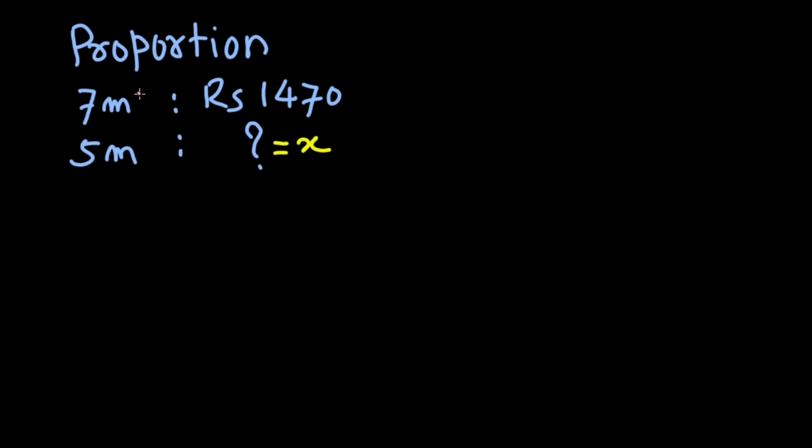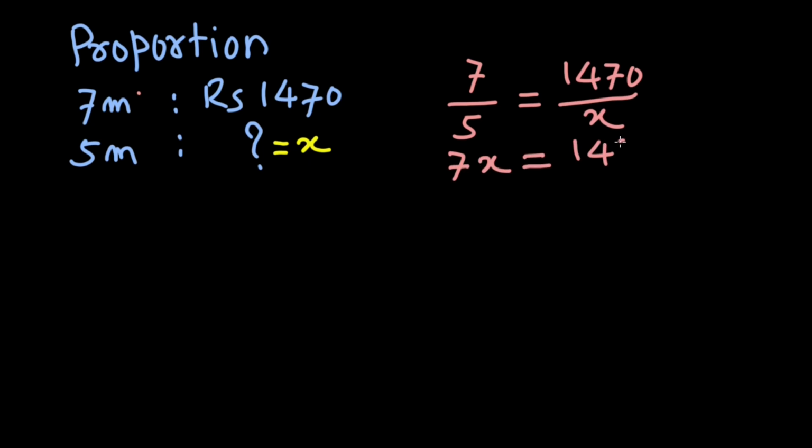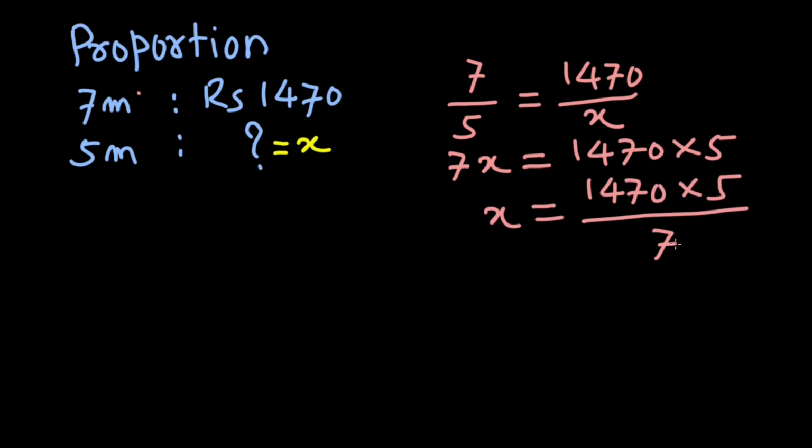So we take ratio of 7-meter and 5-meter and equate it to ratio of 1470 and x. We will cross multiply. So 7x will be 1470 multiplied by 5. So x will be 1470 multiplied by 5 divided by 7.